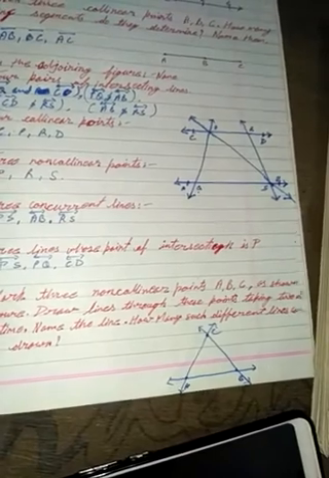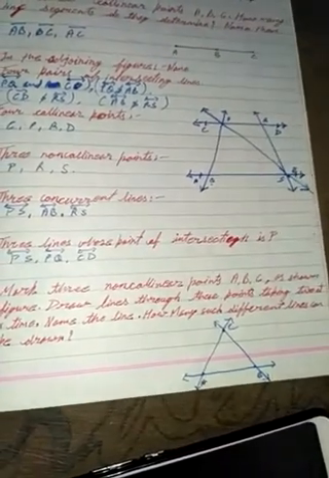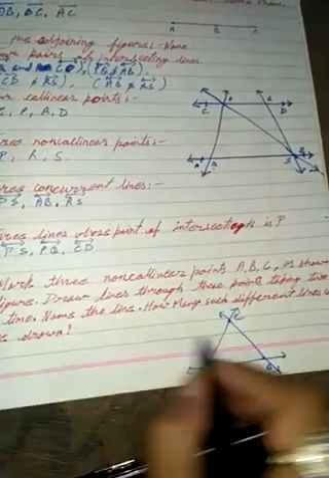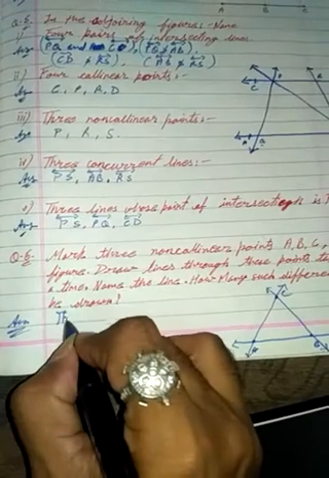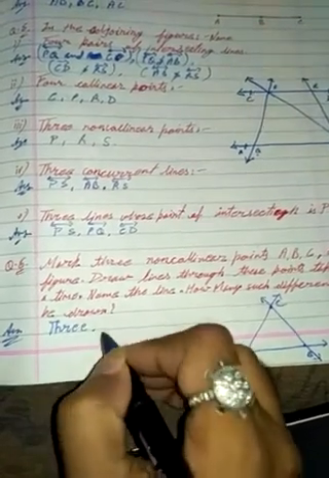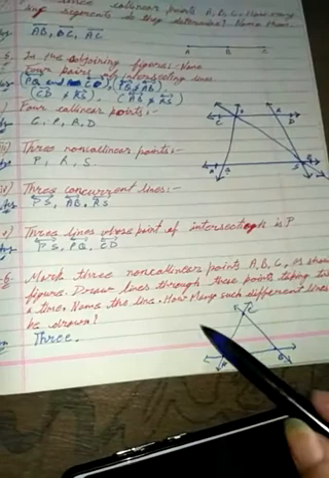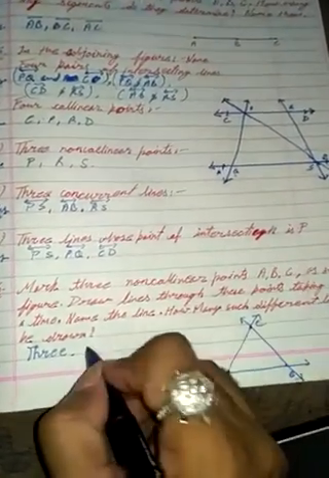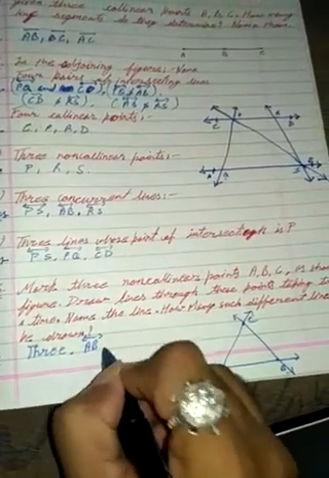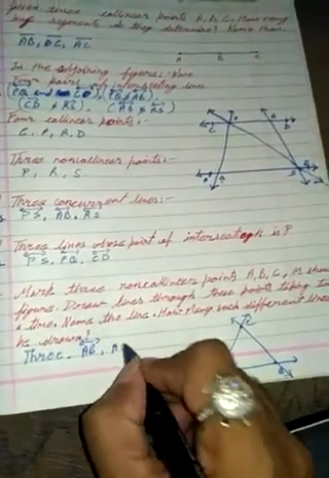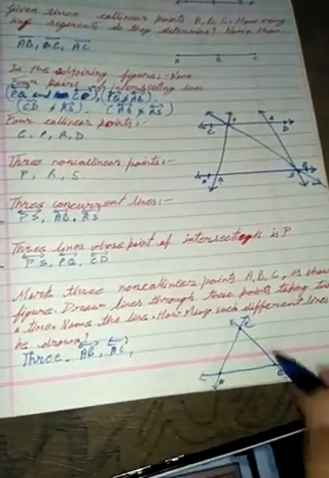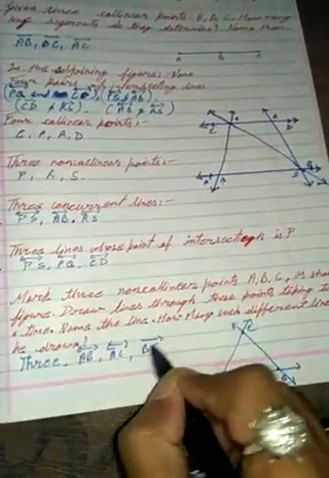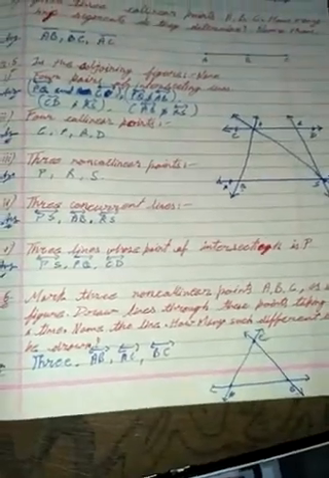Now we have to draw lines, not line segments. Now how many lines are there? There are 3 lines. Now, the names of these three lines. First is AB, second AC, third BC. Now these three lines are there.